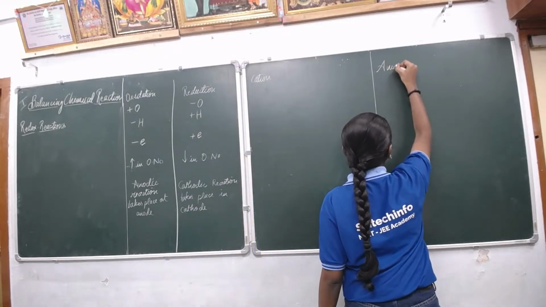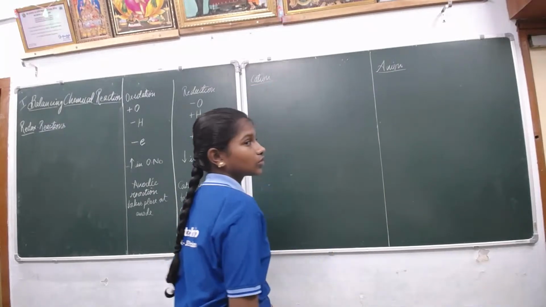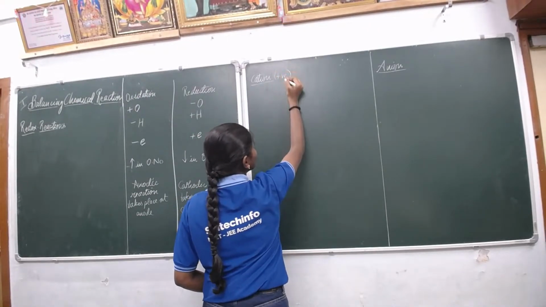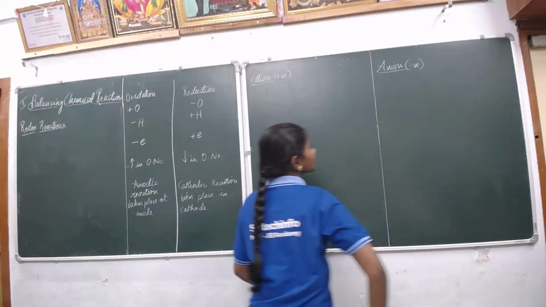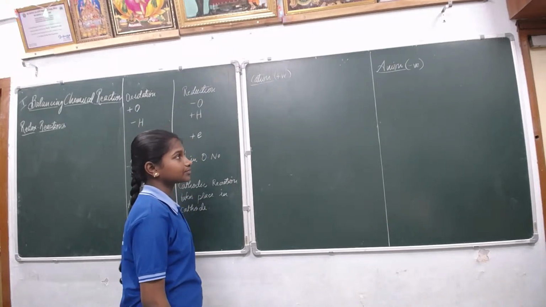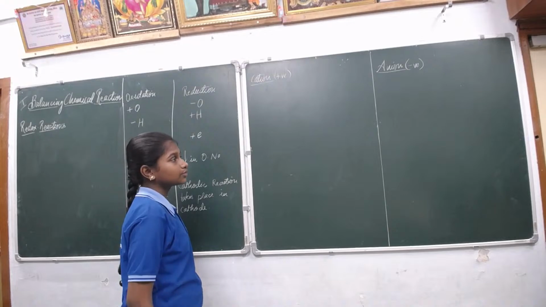Cation means it goes towards the cathode, so it should be positive, is it not? Anion means negative. It moves towards the anode, and that is why it's called anion, right?